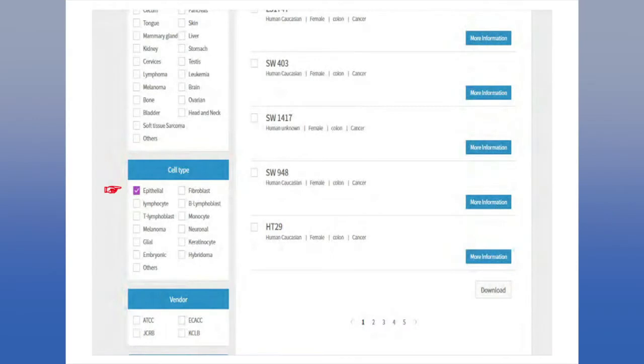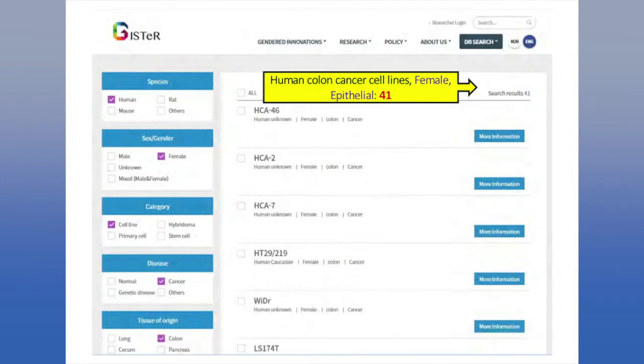And you can also choose the specific cell type, for example, epithelial, and among the 49 female cells, there were 41 epithelial cells. And you can also choose the vendor.